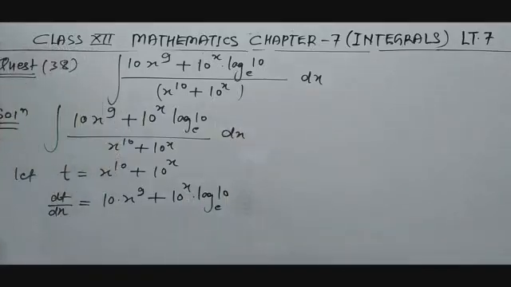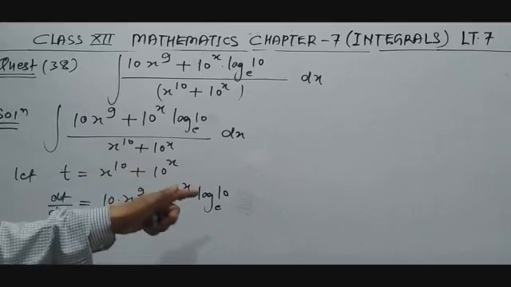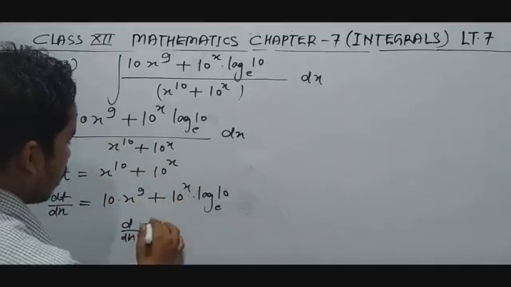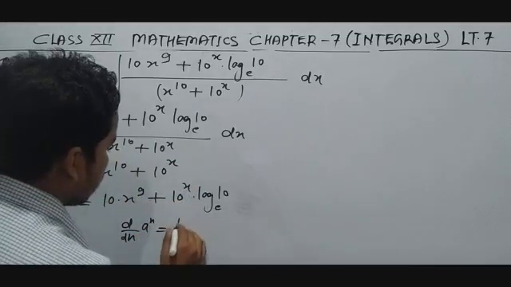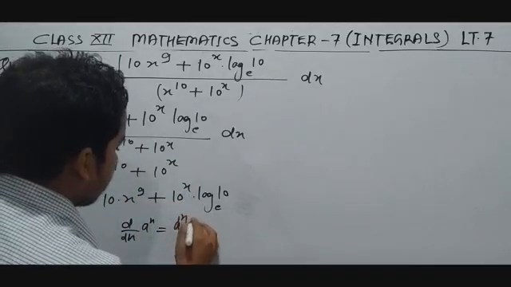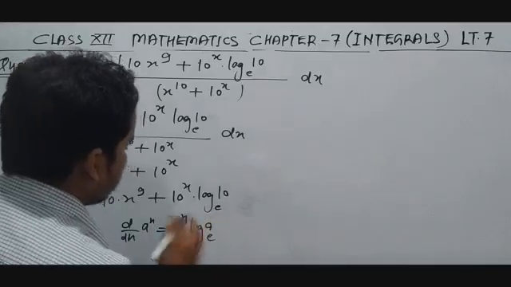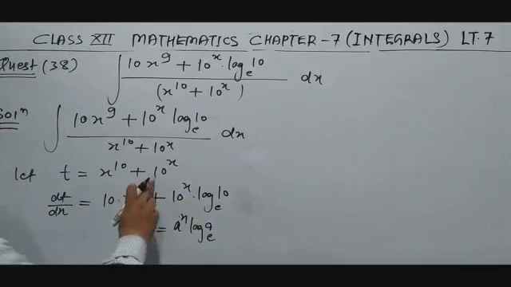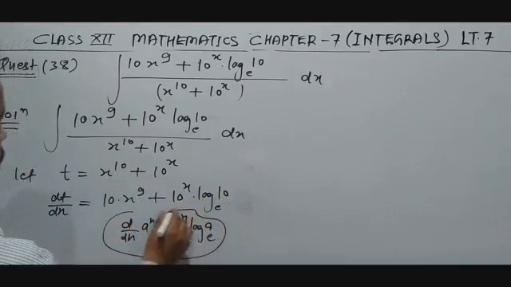You know the formula: d by dx of a to the power x is a to the power x log of a base e. This is the differentiation of a to the power x, so the result will be 10 to the power x log of 10 base e. And the derivative formula for x to the power n you know already.